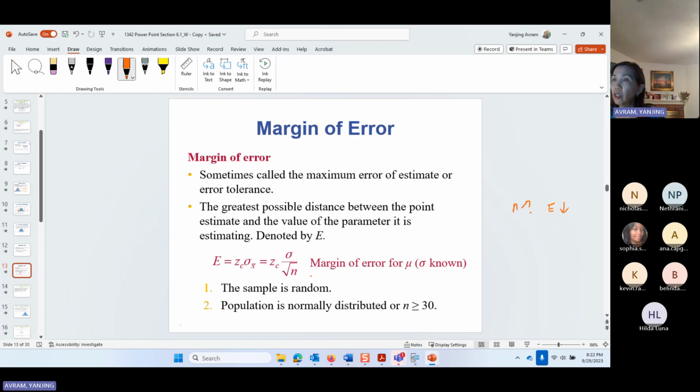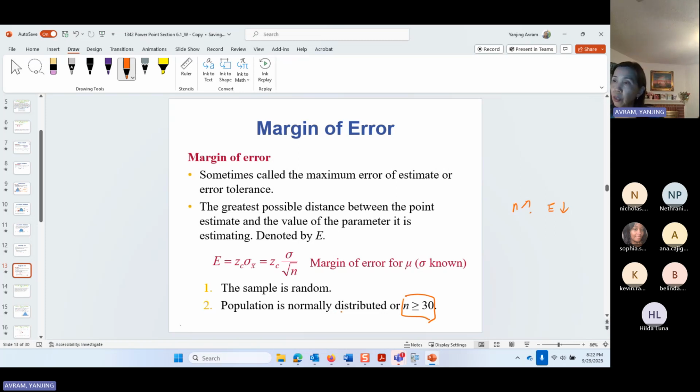So this one is trying to estimate the margin of error. If the sample did not say it's normally distributed, usually we say the sample size is large enough. So how large is large enough? If N is 30 or above, that is enough sample size. We can say this is approximate, okay?